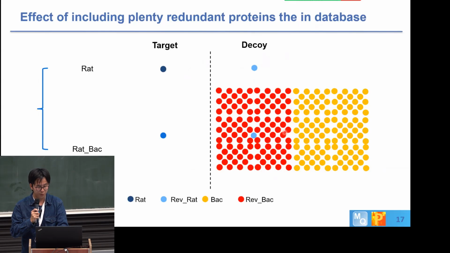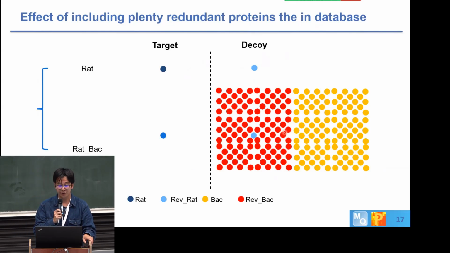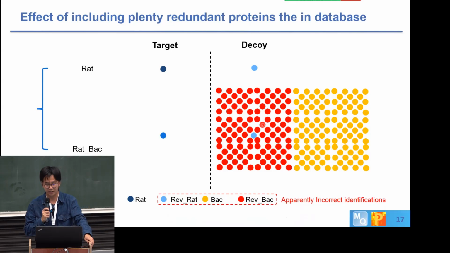After you do the database search, you can really see how many are positive and negative identifications, because in the rat brain, you actually don't expect to see bacterial proteins.